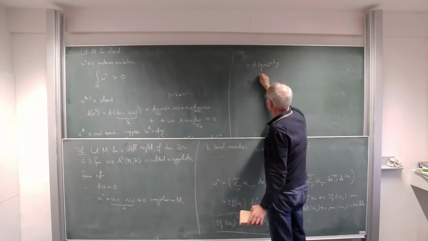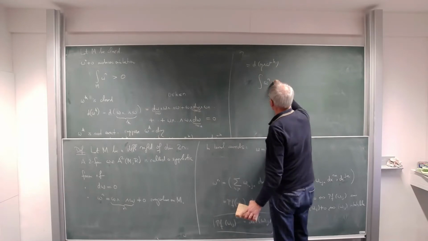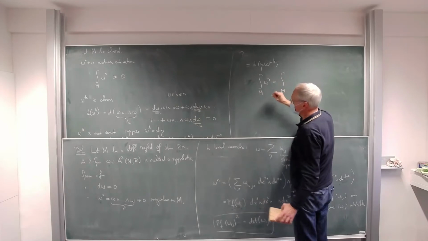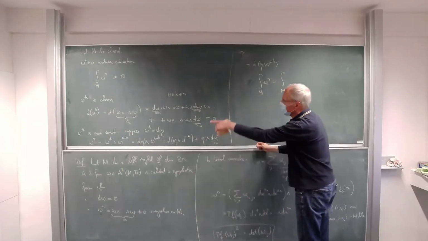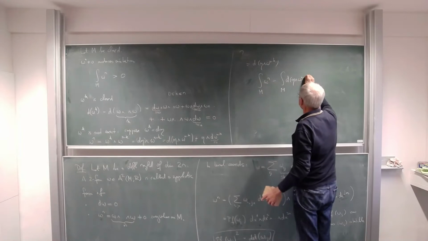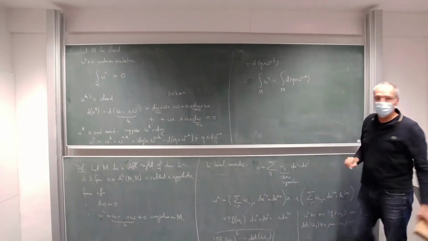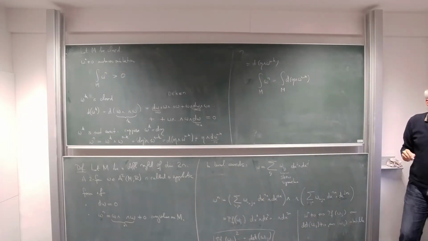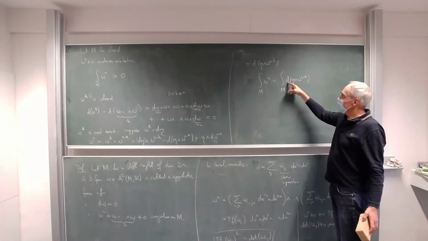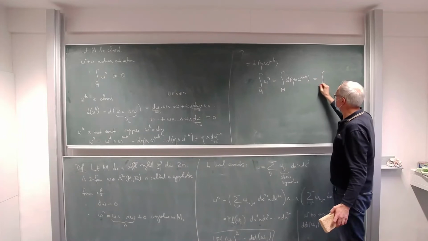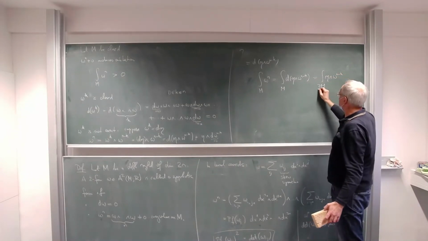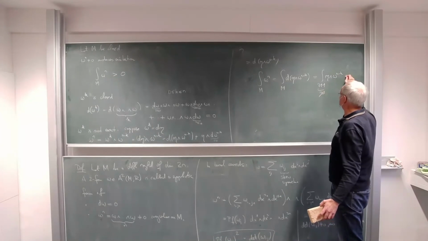And now if I integrate omega to the n over my manifold, I replace omega to the n by d of eta wedge omega to the n minus k. But I have assumed that the manifold is compact without boundary, so I can apply the Stokes theorem, and the boundary is empty. So this is Stokes. But this is empty, and so I get 0.